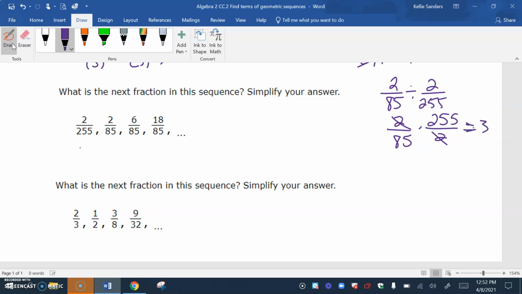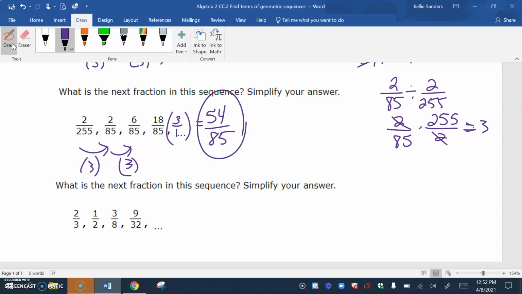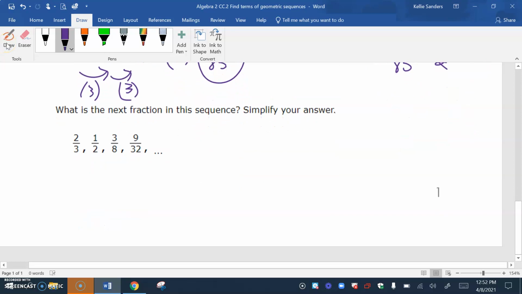So we are multiplying by 3 every single time. So if I multiply this by 3, I'm multiplying it by 3 over 1, which gives me 54 over 85, and I'm doubting that will reduce. But you can put it in the calculator to check it out.